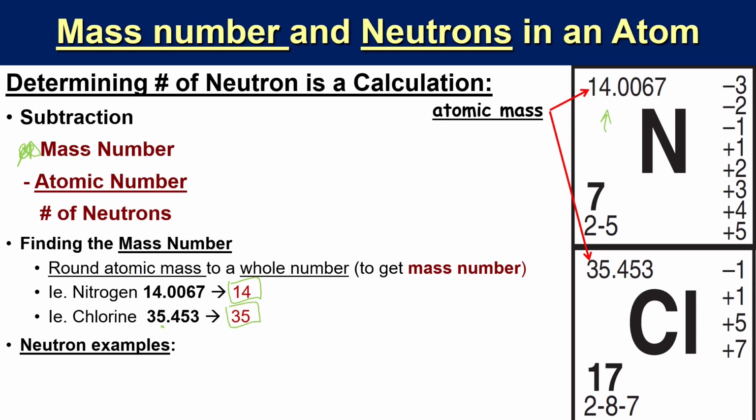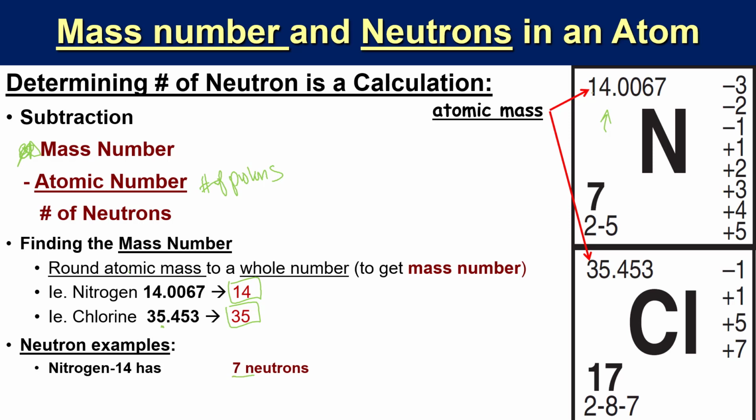Since we now know the mass number, in order to find the number of neutrons, all we need to do is subtract the atomic number, or the number of protons, from the mass number, and that tells us the number of neutrons. So, examples. Let's say nitrogen 14 has 7 neutrons. How did we get that?